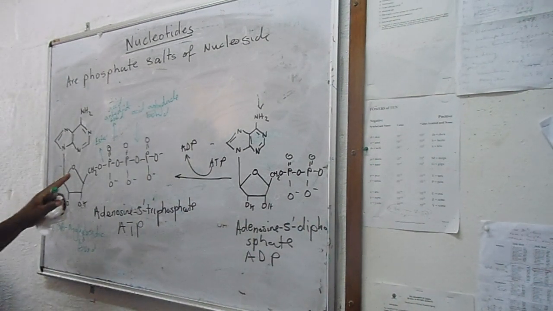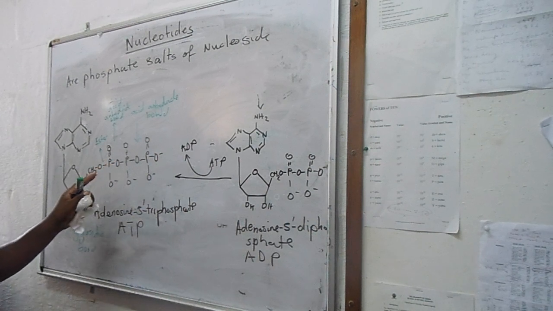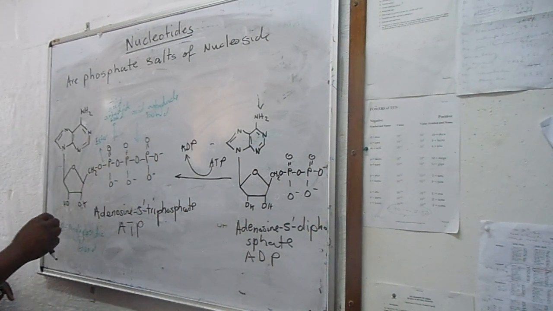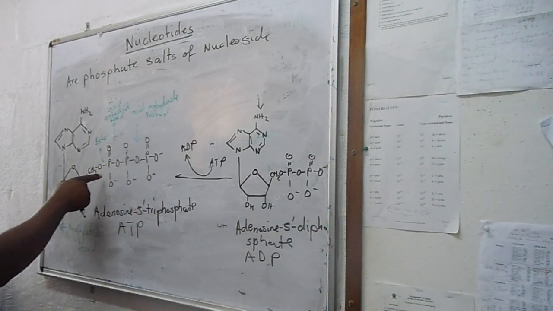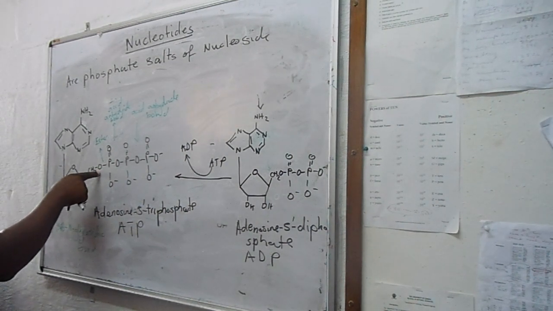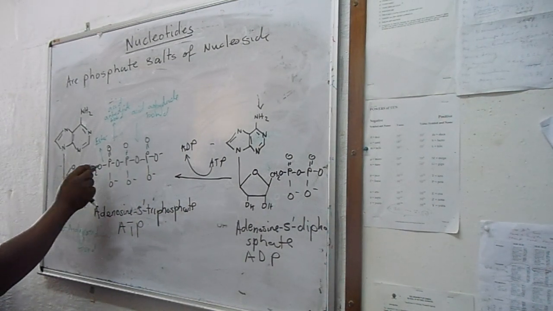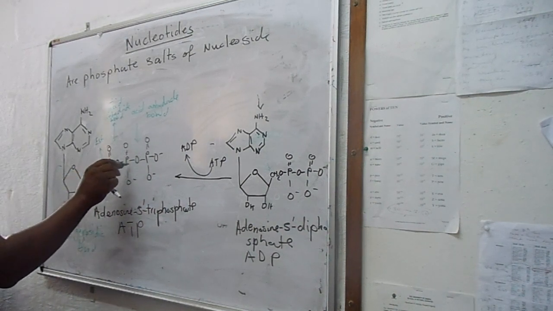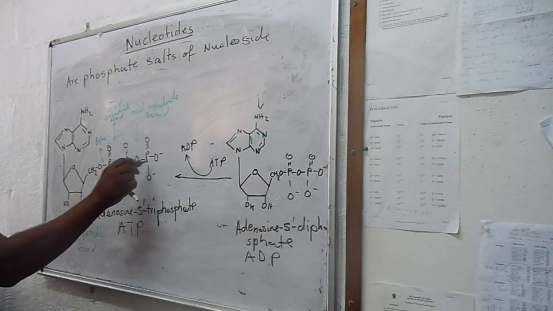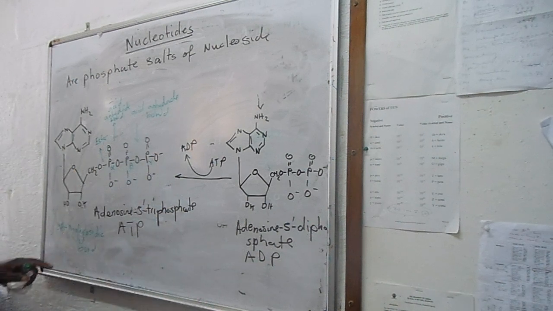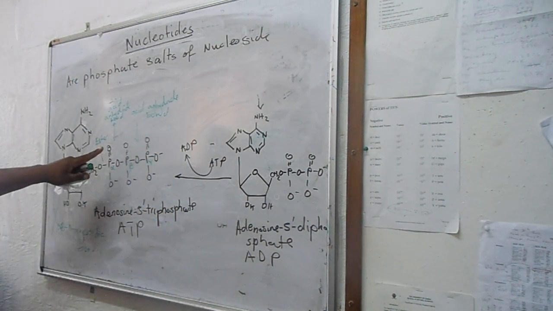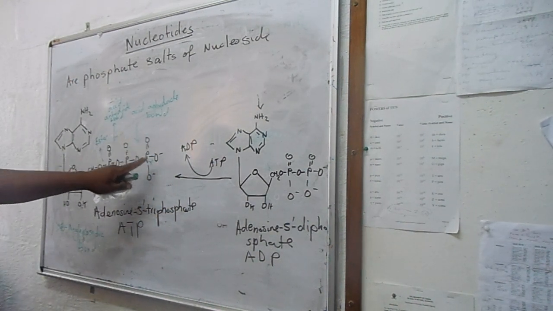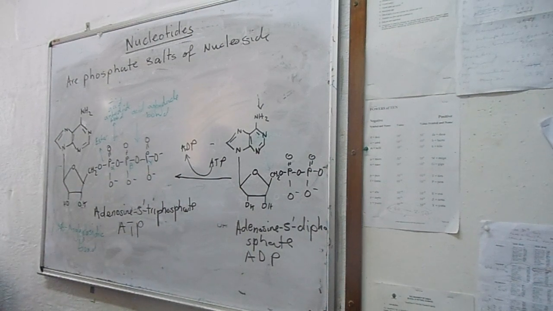Now, in order to distinguish which of these phosphates we want to talk about, we need to name them. The phosphate next to the terminal carbon is called alpha. The next one is called beta. The third one is called gamma. So we have the alpha phosphate, the beta phosphate, and the gamma phosphate in the triphosphate.